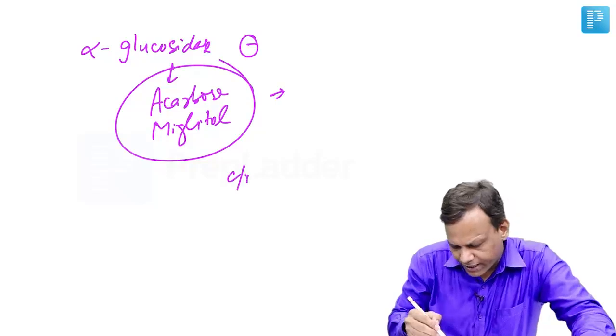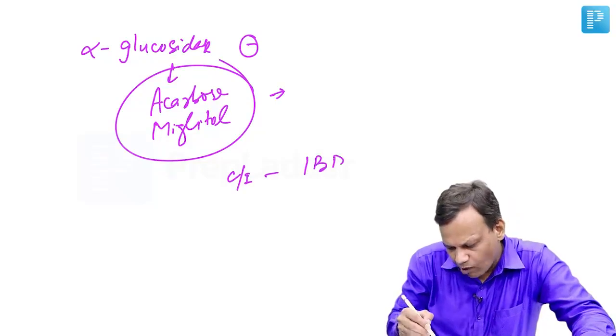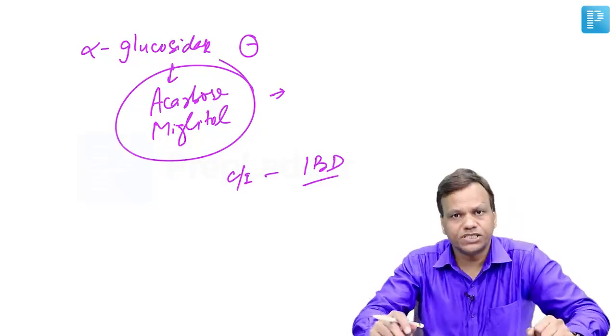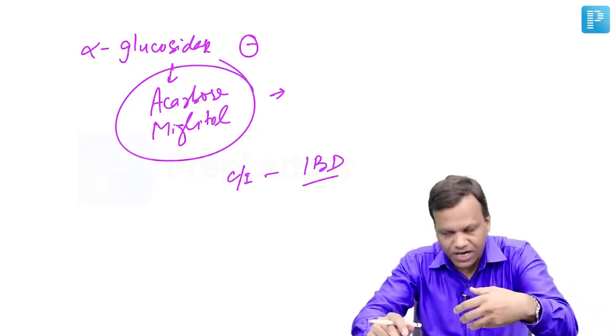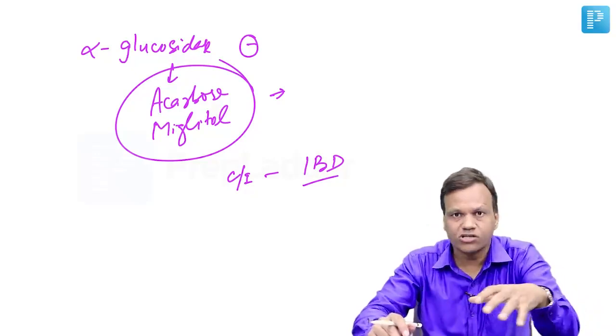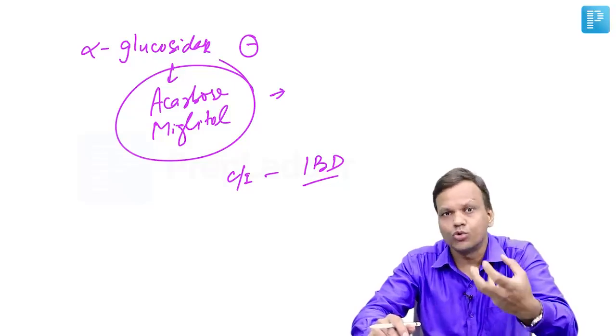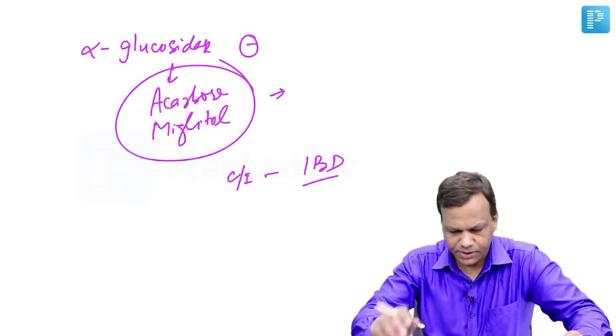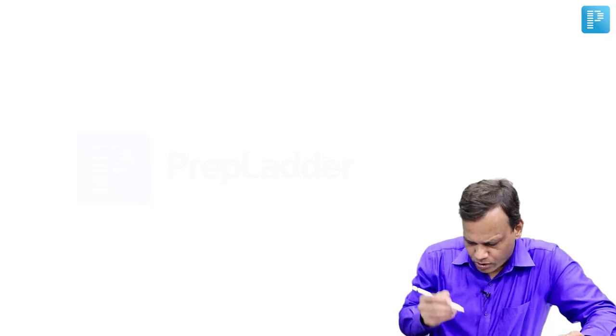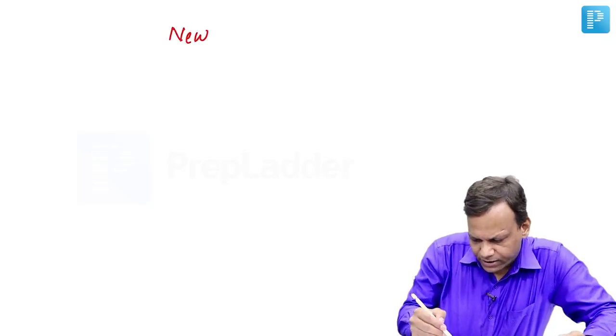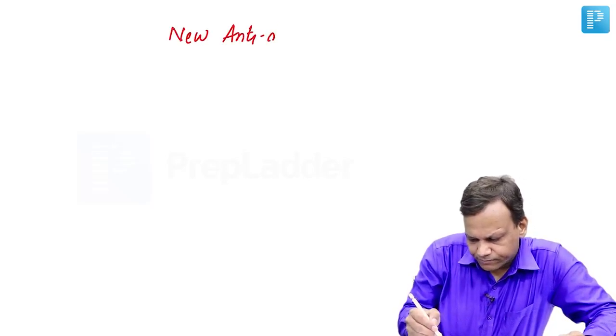So these are contraindicated in conditions like inflammatory bowel disease because the intestine may rupture. And second, per se they do not cause hypoglycemia, but if hypoglycemia occurs while taking these drugs, we should use glucose because food cannot be broken down. Okay. Then some of the new drugs in the anti-diabetic category, new anti-diabetic drugs.